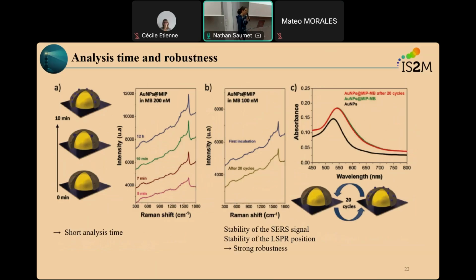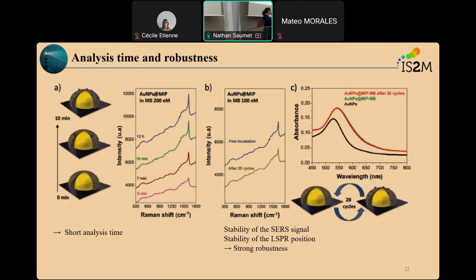But to create a good sensor, we need to have a short analysis time. So it's the case here. In less than 5 minutes, we can observe the signature of the methylene blue. So it's quite a short analysis time. And in terms of robustness of the sensor, if we do 20 cycles of incubation and rinsing, we can still observe the same plasmonic resonance here.